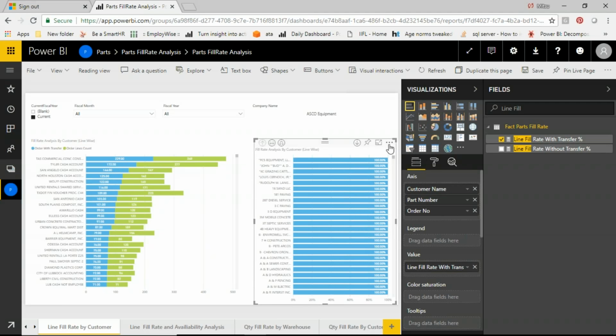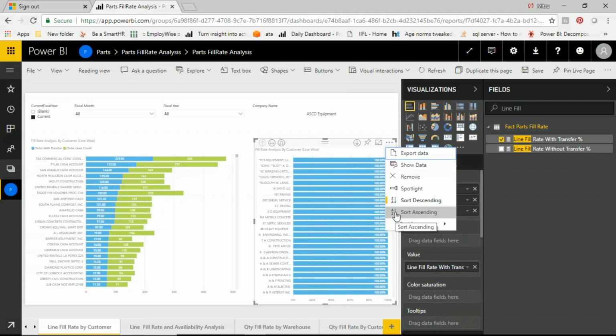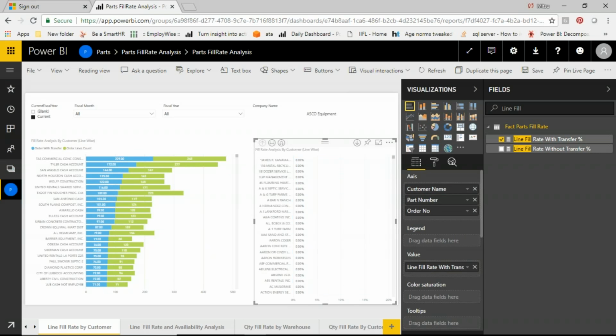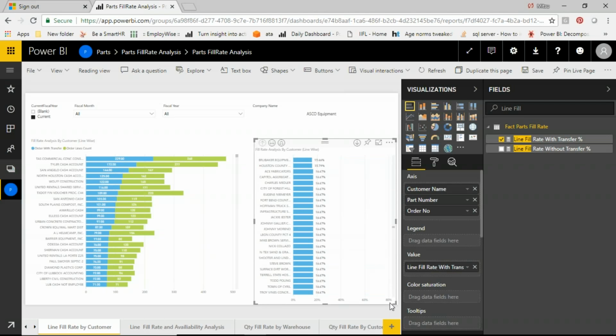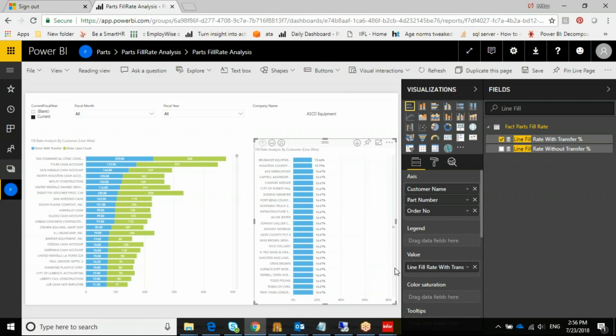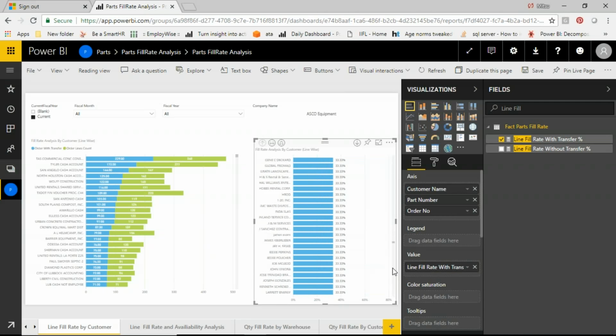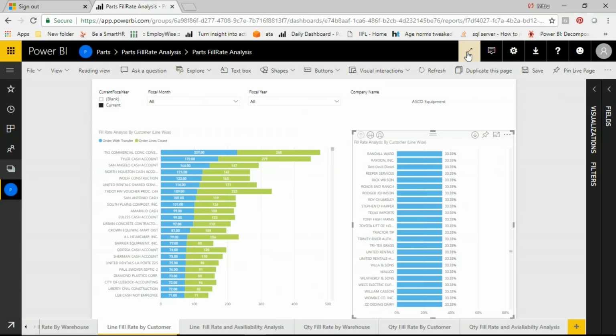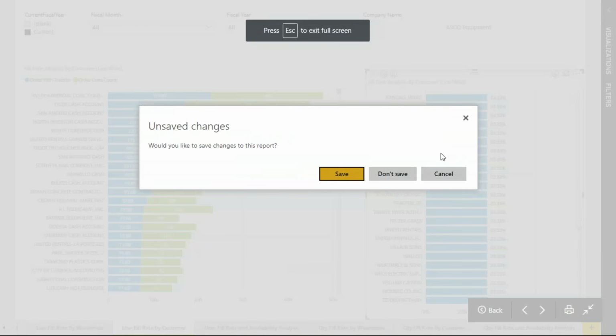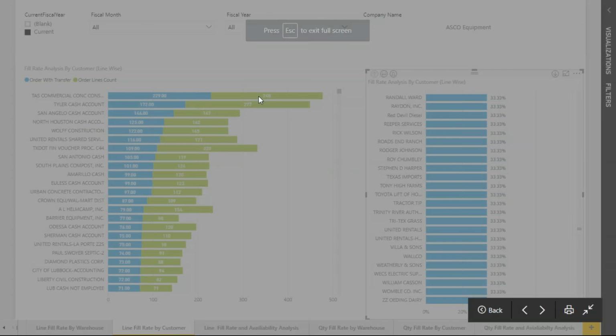Is that something we're going to be able to filter on and off, with transfer, without transfer? Or is that something you do behind the scenes? Well, you're going to be able to filter. So this is essentially giving you your fill rates by the customer.